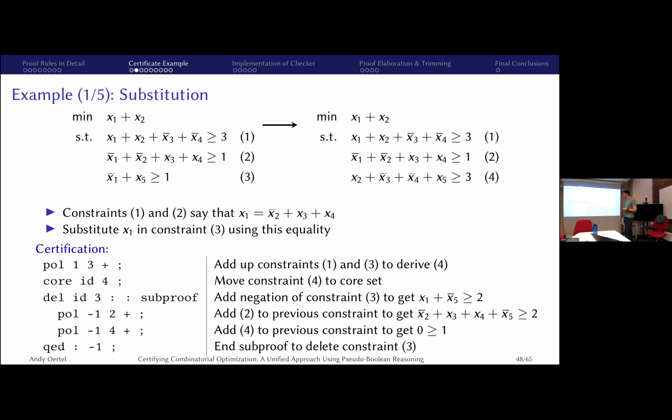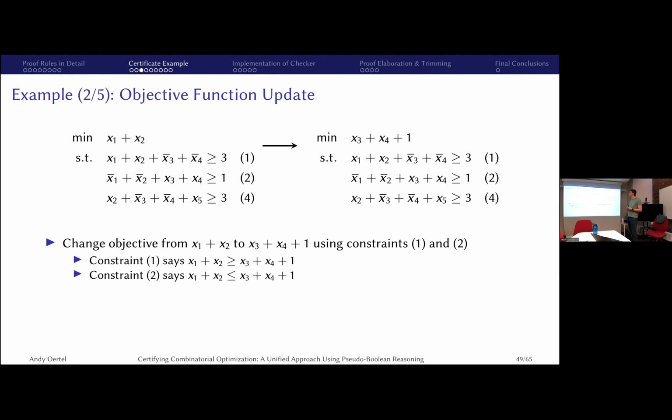So this is substitution, and here on the left you see exactly how this looks in the file. The proof is basically also just a file. Then we can do an objective update. Again, we can use this equality in constraints 1 and 2. This time we say that x1 plus x2 is equal to x3 plus x4 plus 1, because the two constraints encode each direction of the equality.